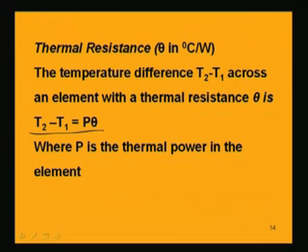So, using that analogy, we will now be visualizing the power flow in that way, where the difference in temperature across the element is occurring because of this power flow through this resistance.